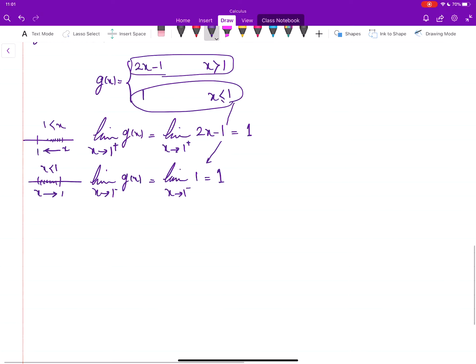Well, all these being said, it's time to say what is the relation between the left and right limits and the limit of the function.